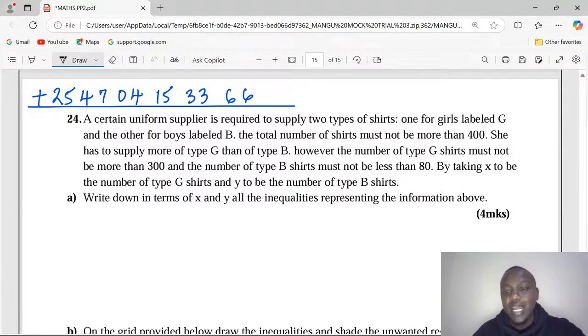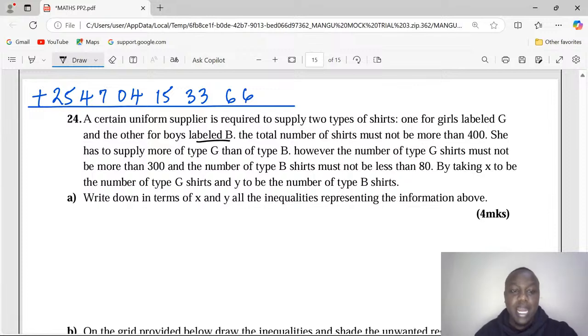So we finalize now. A certain uniform supplier is required to supply 2 types of shirts. One for girls labeled G, the other one for boys labeled B. The total number of shirts must not be more than 400.